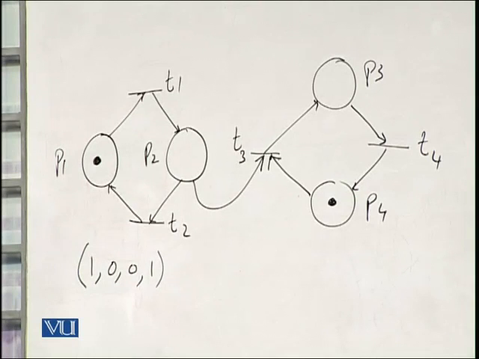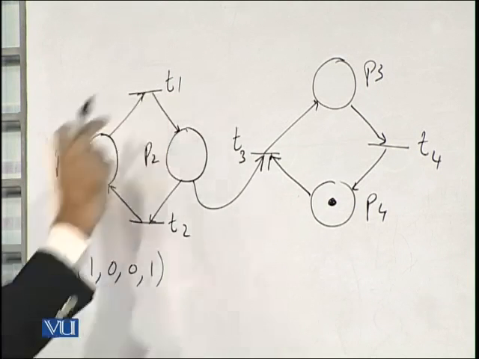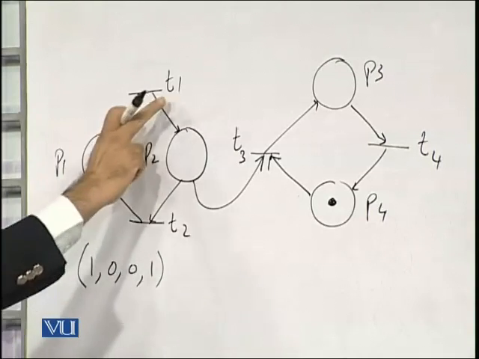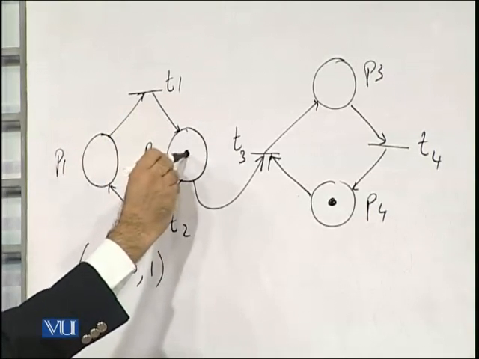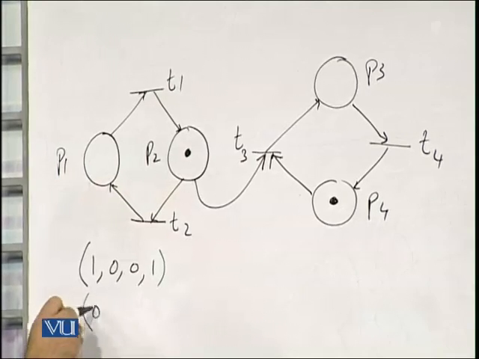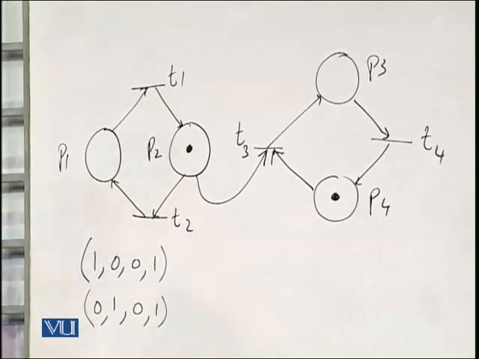Now when we have this system, only one transition is enabled, and that is T1. So when that transition is fired, we get a token in this place. So from here, we reach a state which is 0, 1, 0, 1.